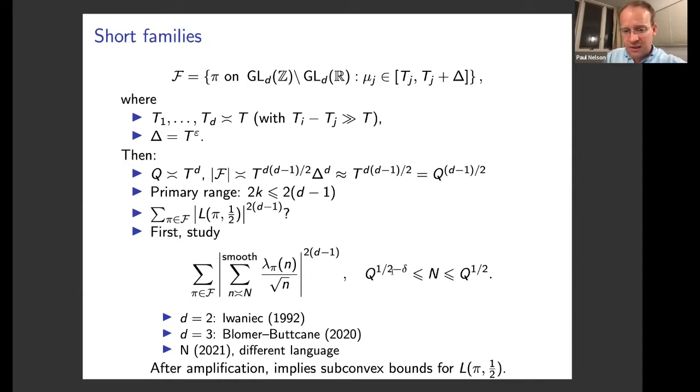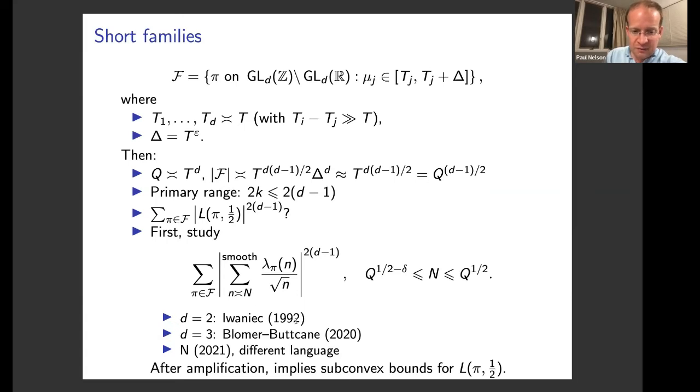To get subconvexity, by the convexity bound, you can just focus on the dyadic sums of length close to the square root of the conductor. One way to study those is to look at moments of those dyadic sums, maybe smoothed somehow, and you could try amplifying those as well.